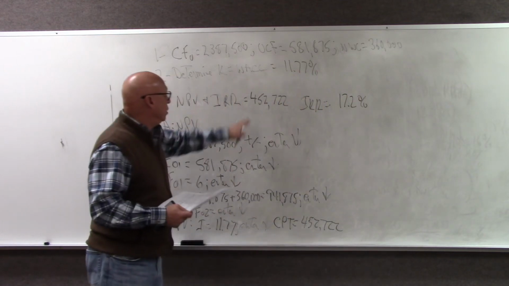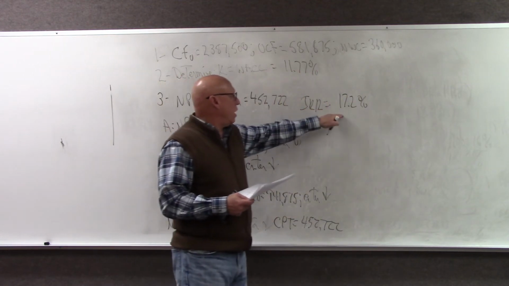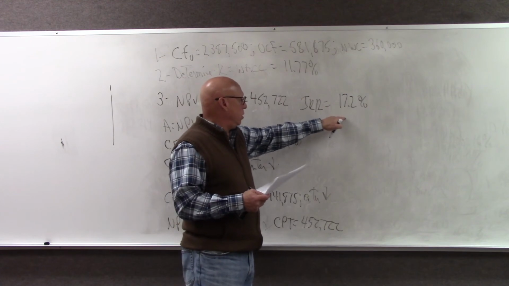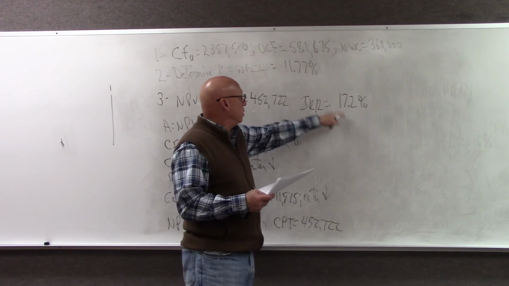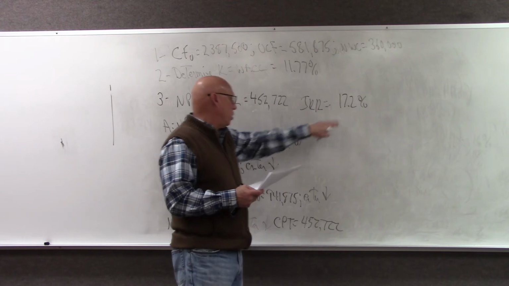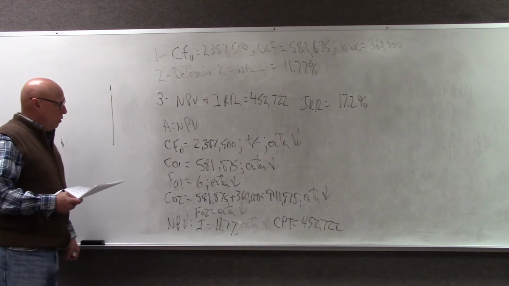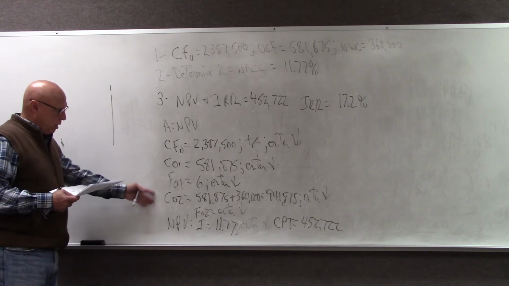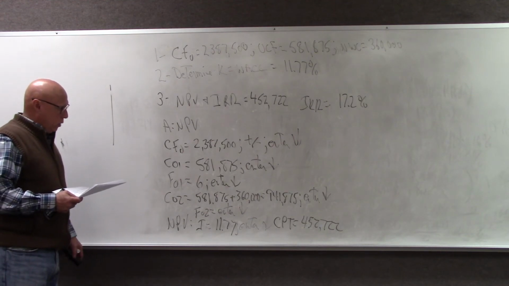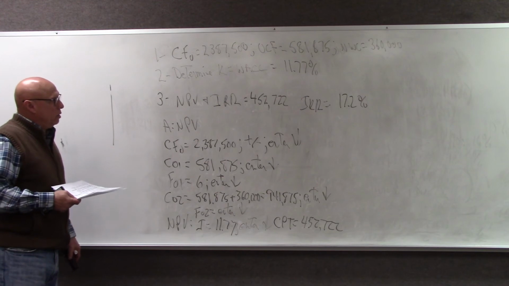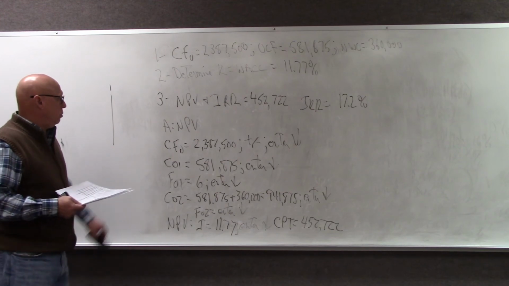So in both cases, this is a positive number, and this is higher than our weighted average cost of capital of 11.77%. So we do this project, okay? So we've entered the cash flows, hit NPV, I equals, and we get our net present value, and then we hit IRR compute, and we get 17.2%.